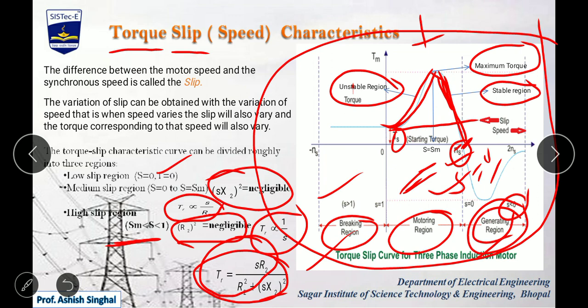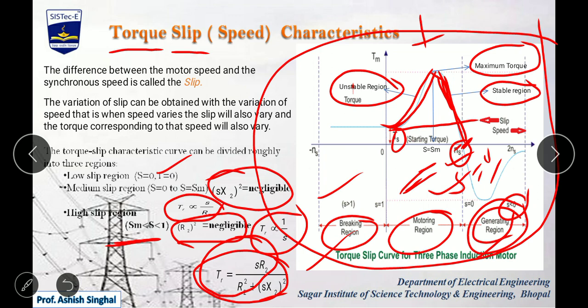I can say Ns should be less than Nr. However, the rotor and RMF both rotate in the same direction. Now, in this region, the motor acts as a generator and returns the power back to the AC source.